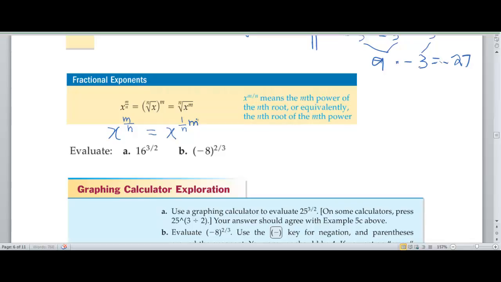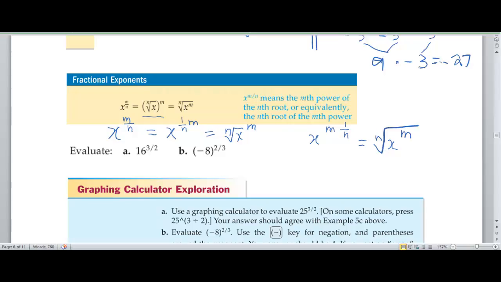So m over n is really 1 over n times m, in which case you say, oh, I know 1 over n, that's the nth root of x, and then the m is on the outside. Okay, that's what they did here. Or you could write it like this: m over n is m times 1 over n, and then you can say it's x to the m, and I know that's the nth root, so you change the 1 over n to the nth root, and you put the x to the m on the inside.